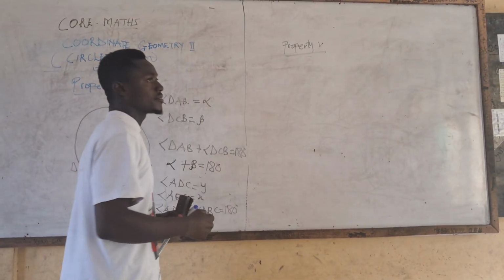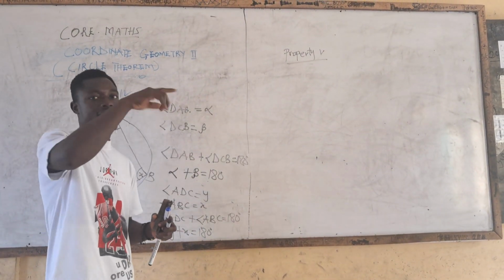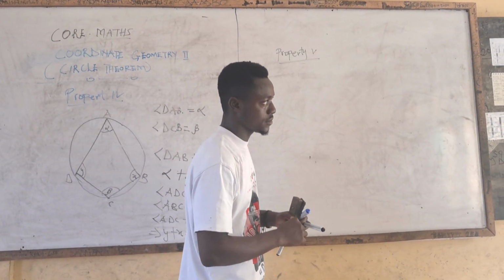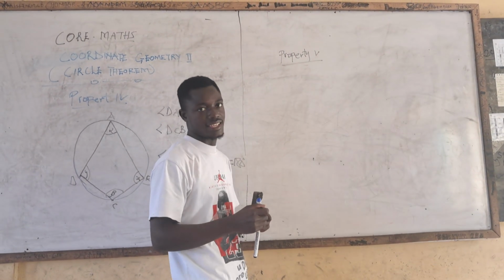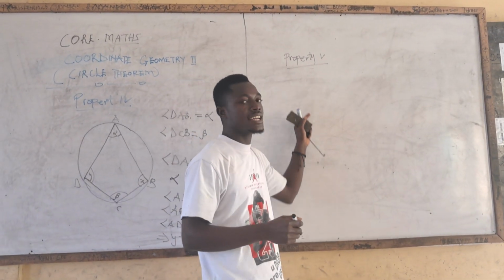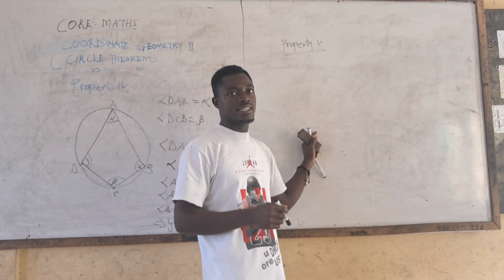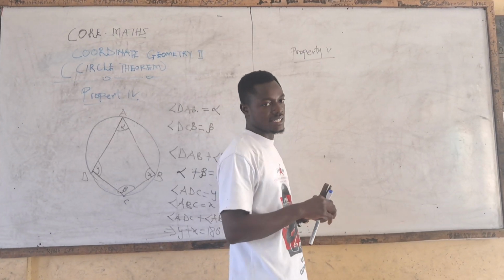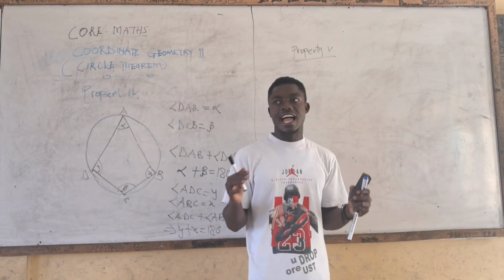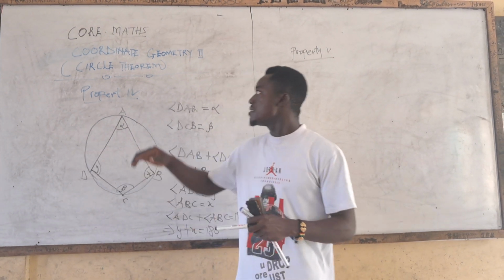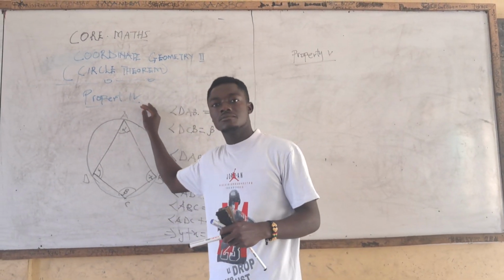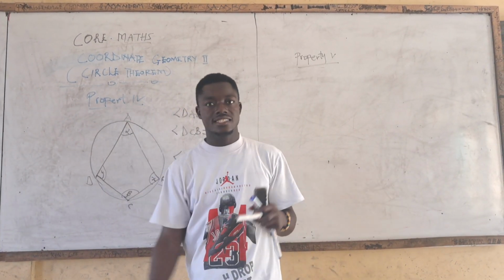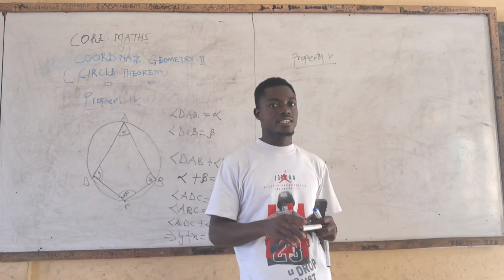Property 5 says that when we have a circle, a radius, and at the same time a tangent line, wherever the radius and the tangent line meet, they subtend an angle of 90 degrees. Please note different textbooks arrange their properties differently, but all that you need to know is to get the idea. So my property 4 might be property 5 or 3 in some textbooks, so it might not be in the same order as the other textbooks that you have been reading from.